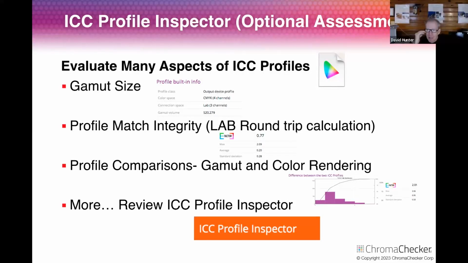And this needs to make you question, okay, what is my expectation for my workflow? And let's say my expectation for the workflow is a 5. If the round trip calculation in my profile is a 5, I can't trust that profile in my workflow. You're using up your entire tolerance based on the round trip error in the profile.